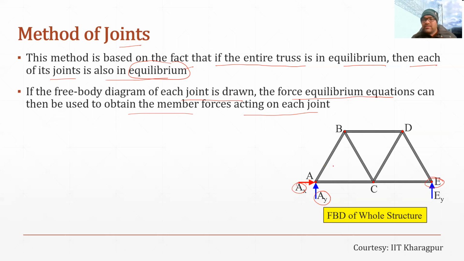Now if we take the example of this truss, we can take any of the joints and apply the equations of equilibrium to find out the force in that particular member.